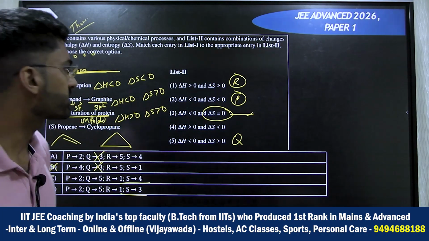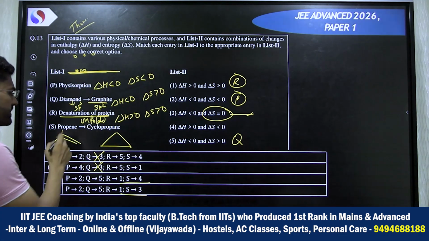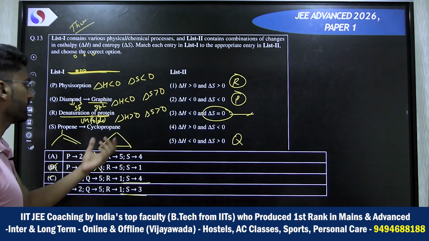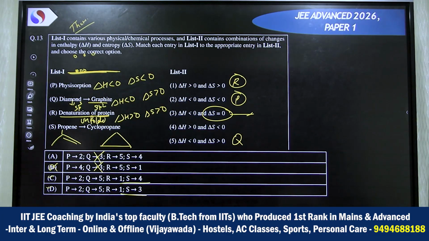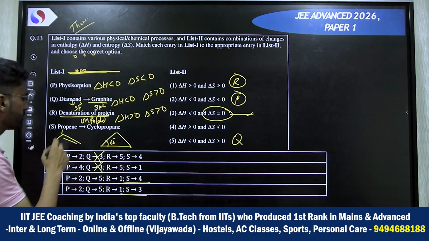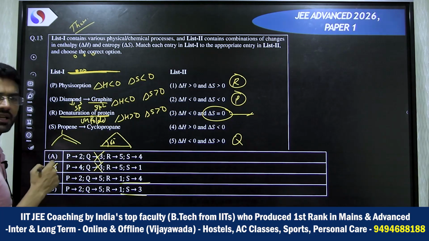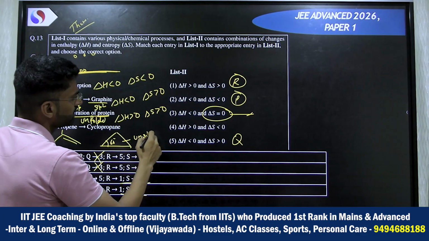In this case, this is a cyclic carbon compound. In cyclic carbon, the bond angle is 60 degrees, whereas the ideal bond angle would be 120 degrees. So it will be unstable.